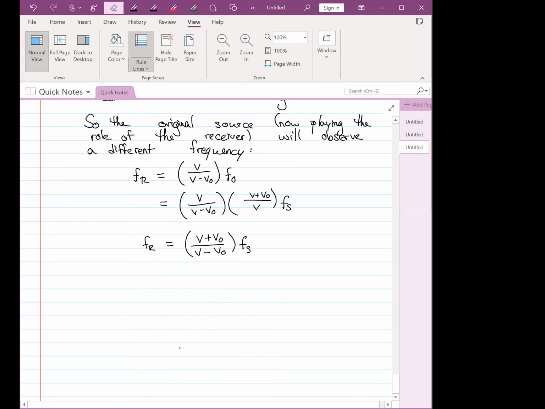Now, things get a little bit tricky with light because light doesn't have the same Doppler effect as sound does. It has a very closely related Doppler effect, but light is a little bit different. Light doesn't travel in a medium. And so there's not a reference medium that you can use to figure out the wavelength.